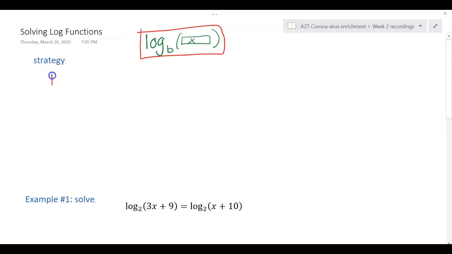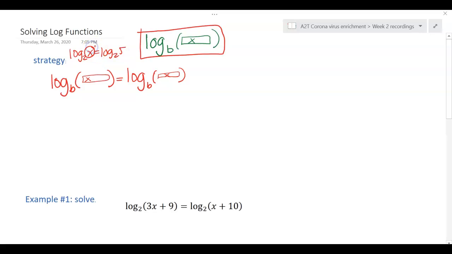And then we looked at two different sets of things that happen. Sometimes when you were able to isolate that log, it was equivalent to some other logarithm on the other side. If those two things had the same base, it would be like saying log base 2 of what equals log base 2 of 5.